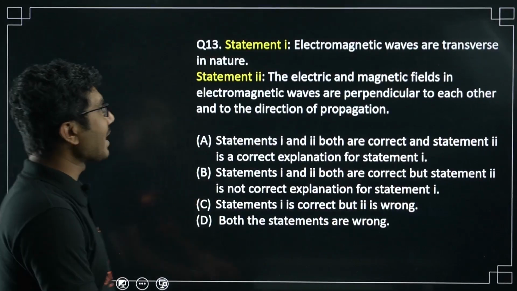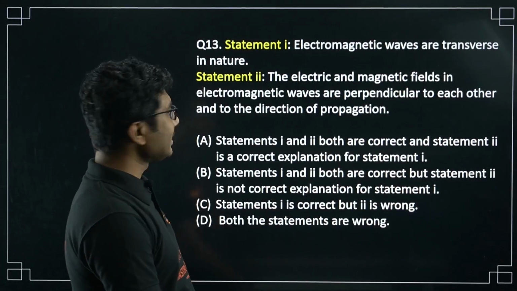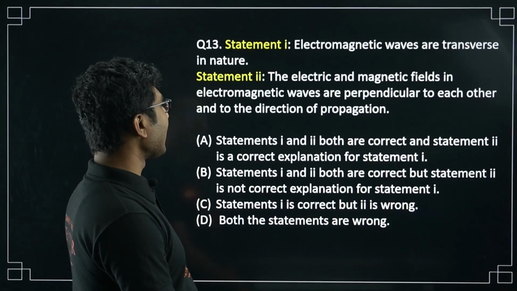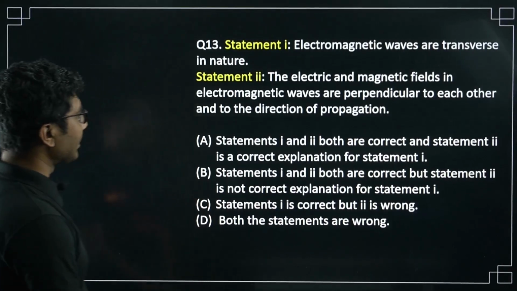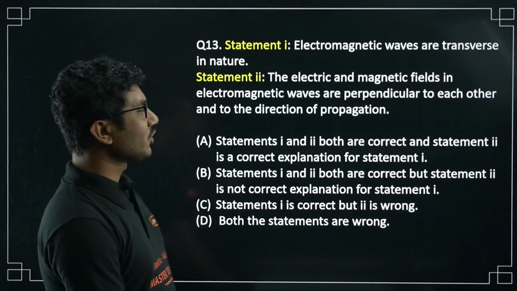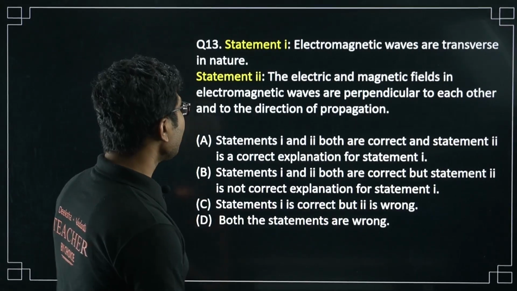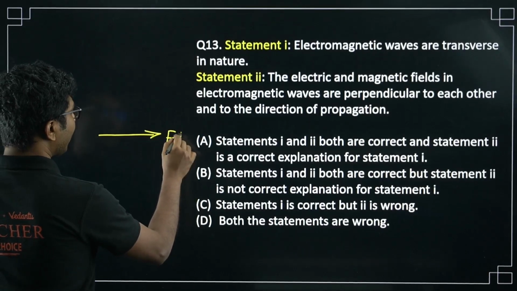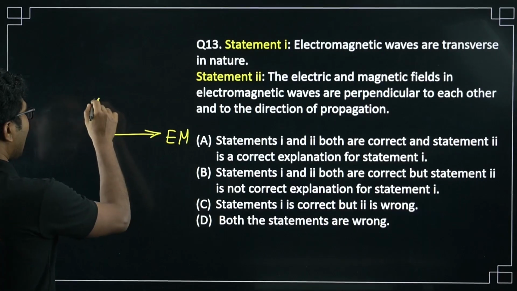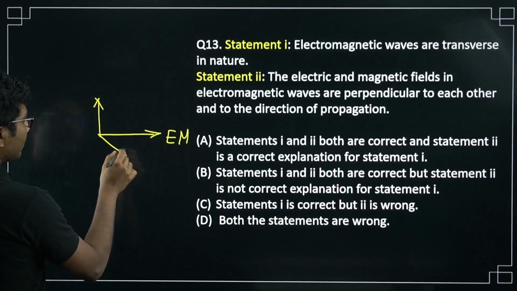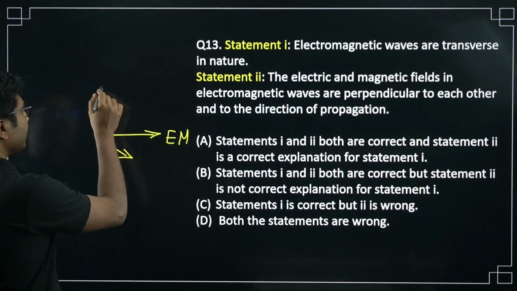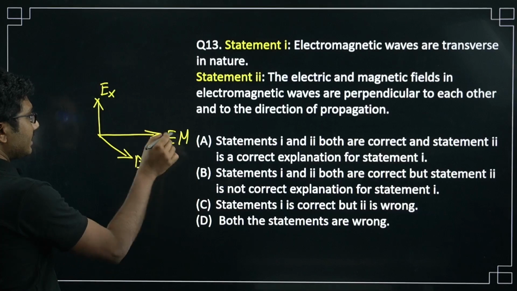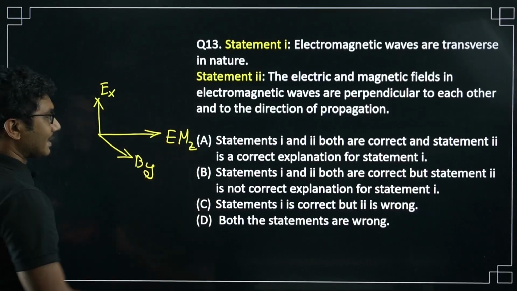Statement 1: electromagnetic waves are transverse in nature. Correct. The electric and magnetic fields in electromagnetic waves are perpendicular to each other and to the direction of propagation. Suppose this is the EM wave, this is E along X, this is B along Y, and the EM wave travels along the Z axis.